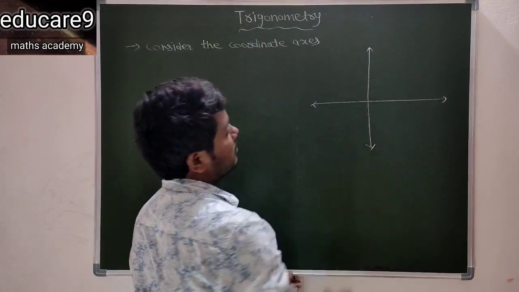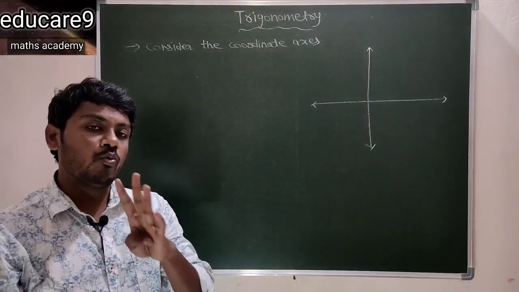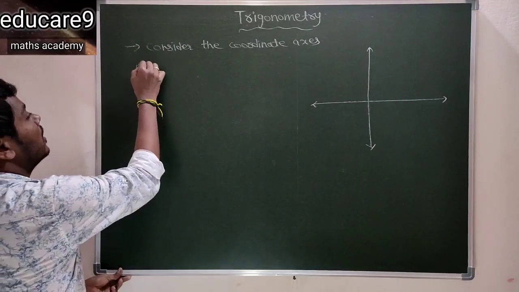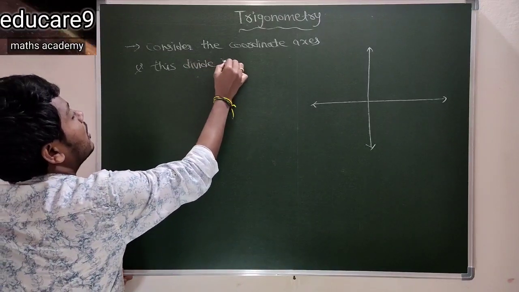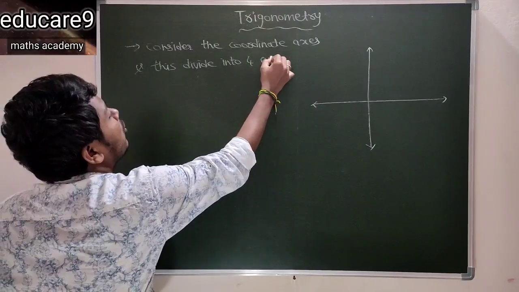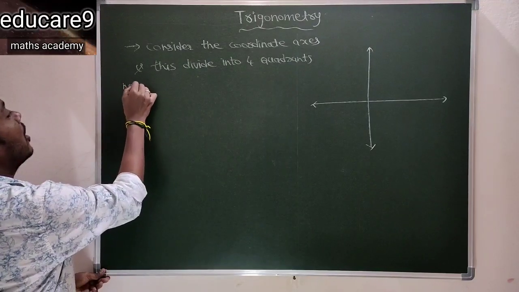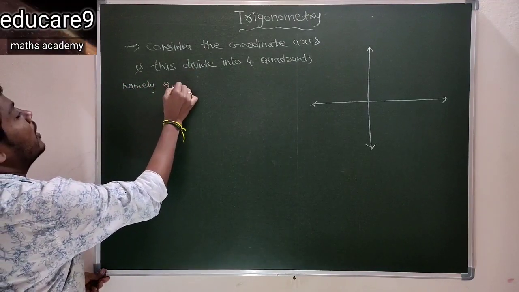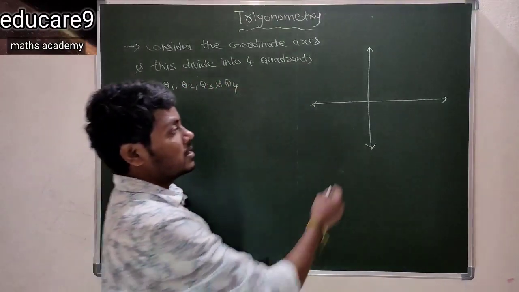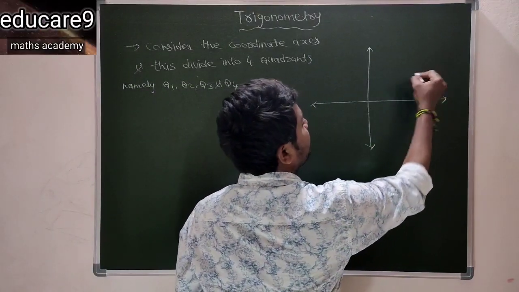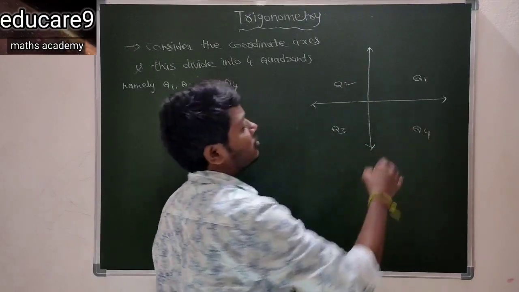And this coordinate axis divides into 4 quadrants, namely Q1, Q2, Q3 and Q4. Okay, so this is first quadrant, and this is second quadrant, and this is third quadrant, and this is fourth quadrant.